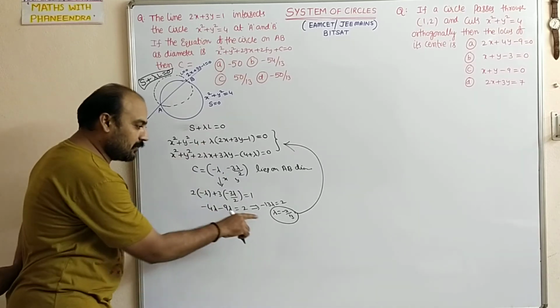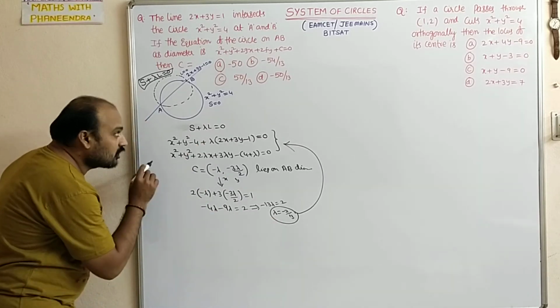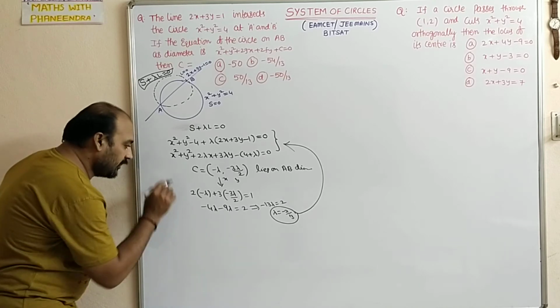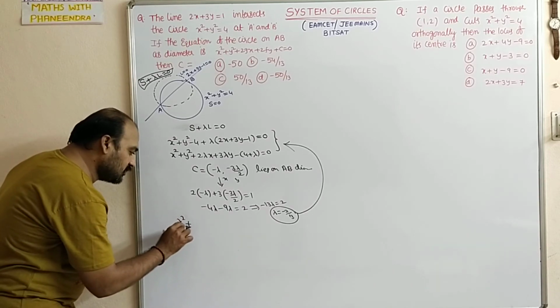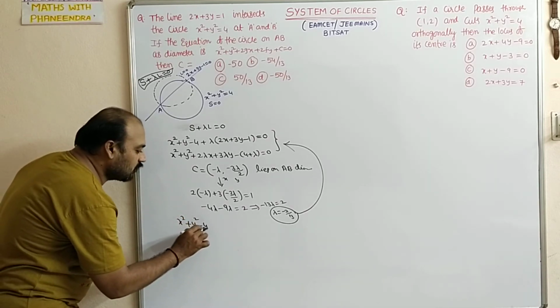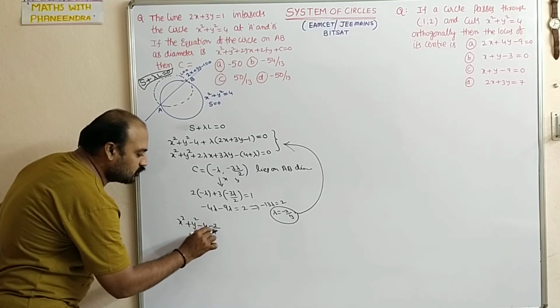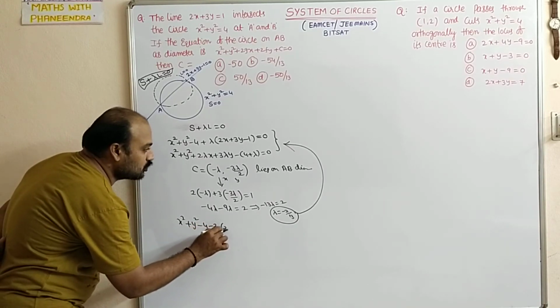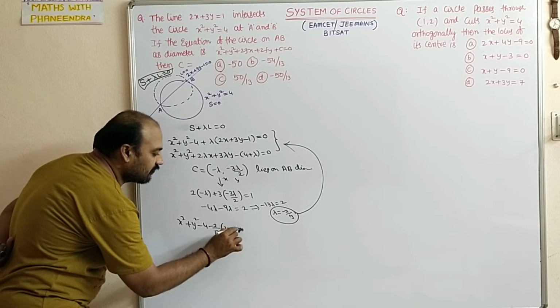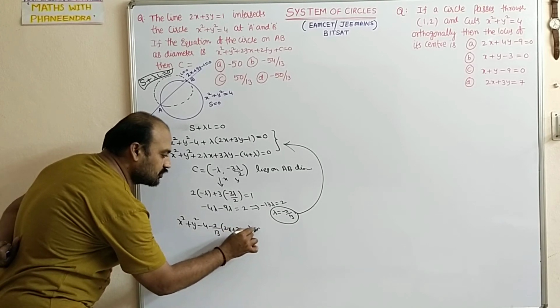In place of λ, I substitute: x² + y² - 4 - (2/13)(2x + 3y - 1) = 0.